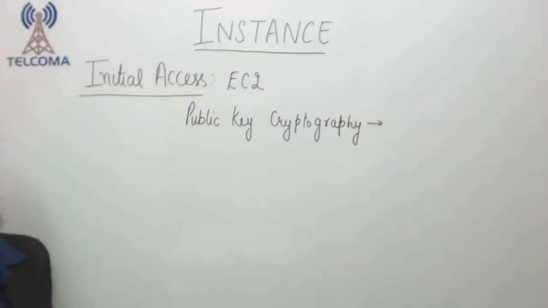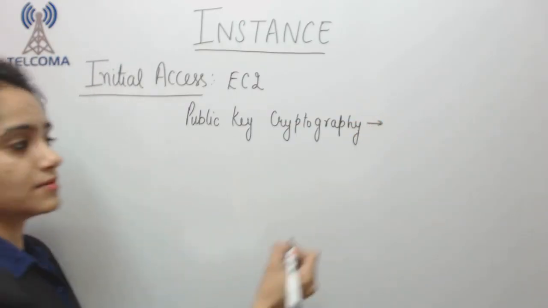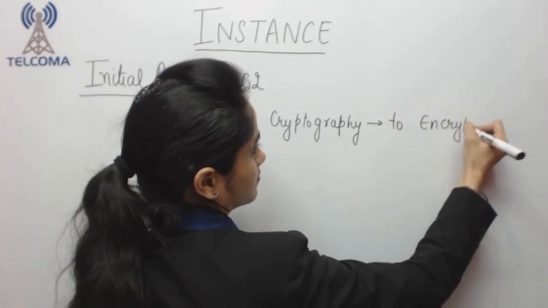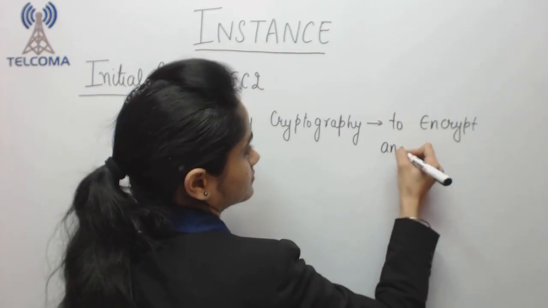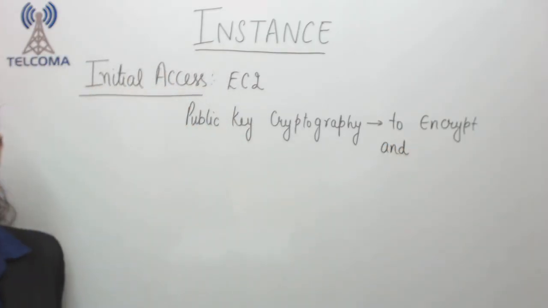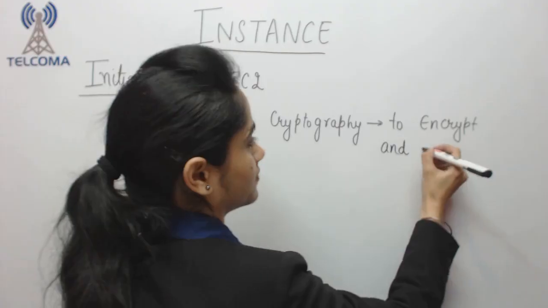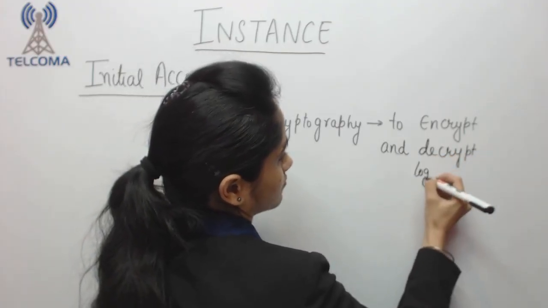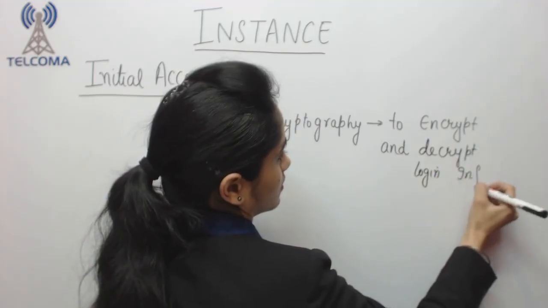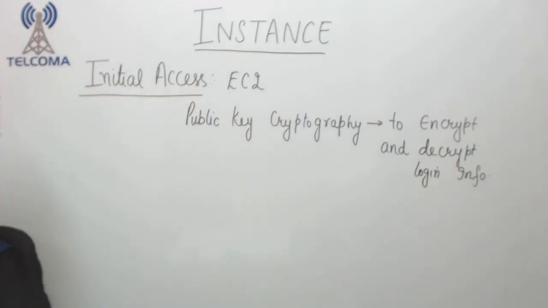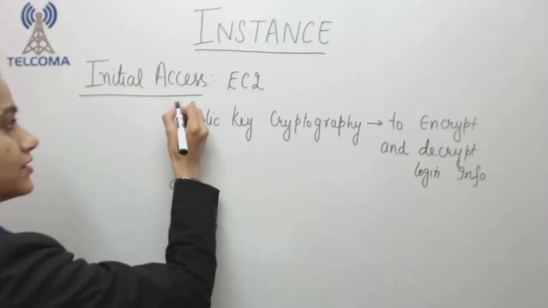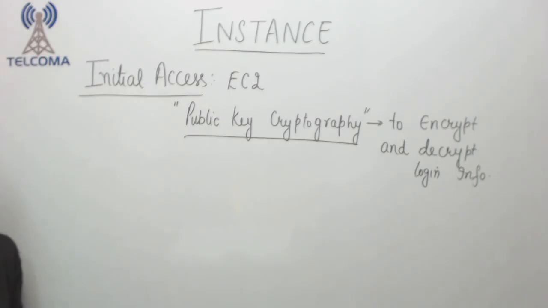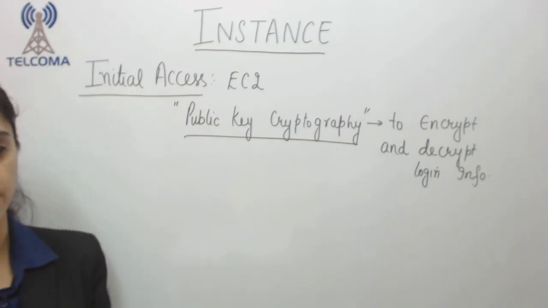So we have this cryptography technique to encrypt and to decrypt login information. That means we are using a cryptography technique, public key cryptography, so that we can encrypt or decrypt the login information.